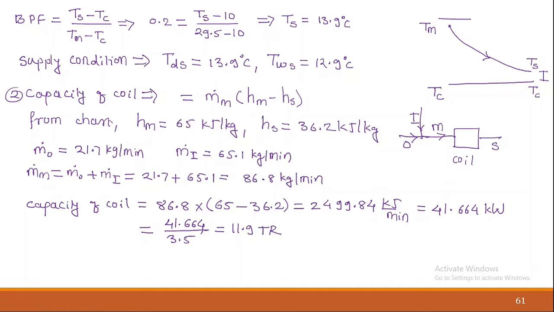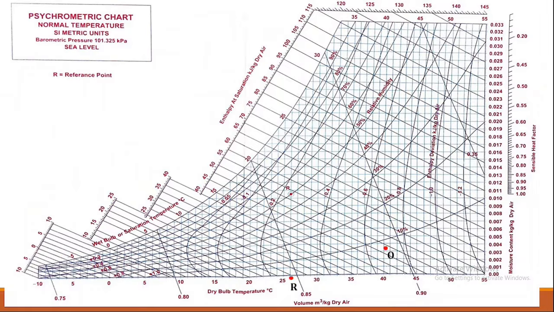Okay, now the last point that I have to find out in this problem is sensible heat factor. Now this is what our supply air is, right? Now this supply air is responsible for absorbing heat from the room.